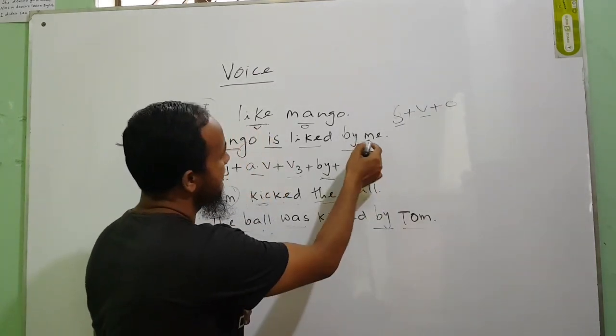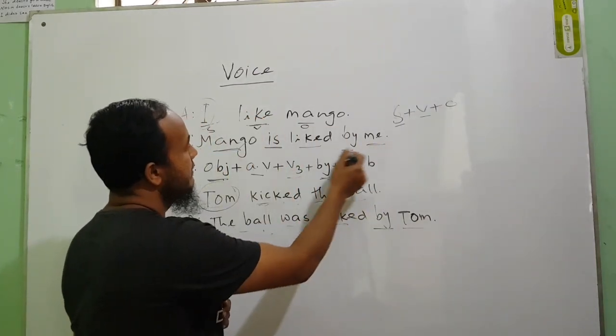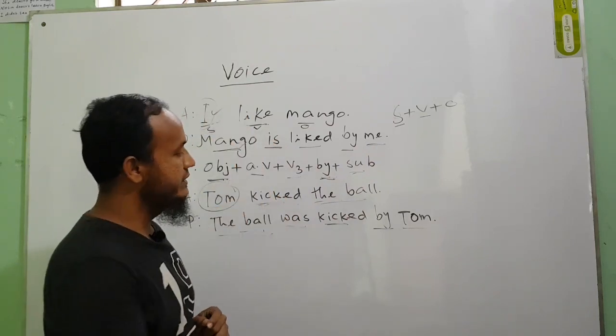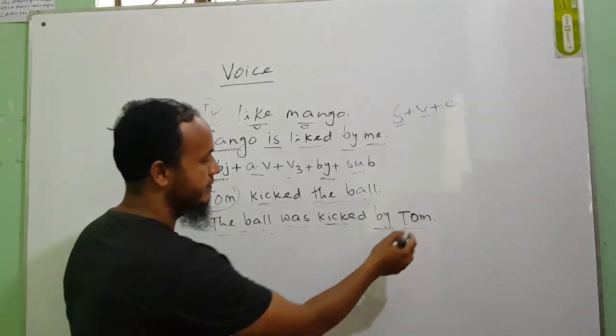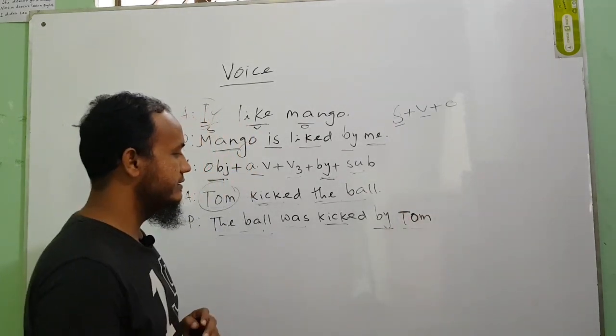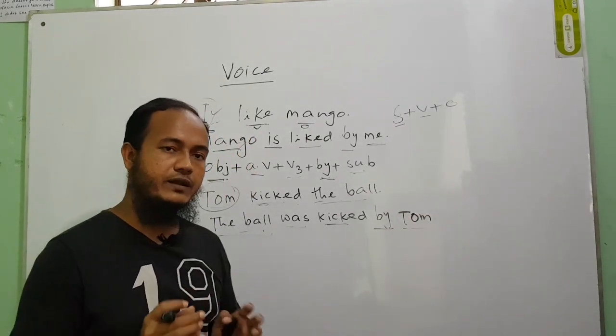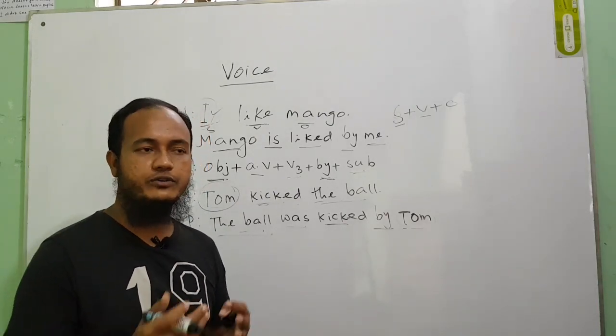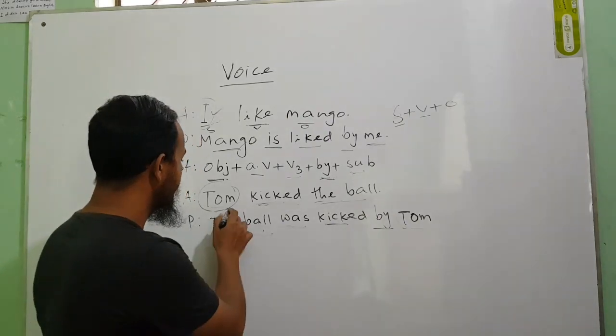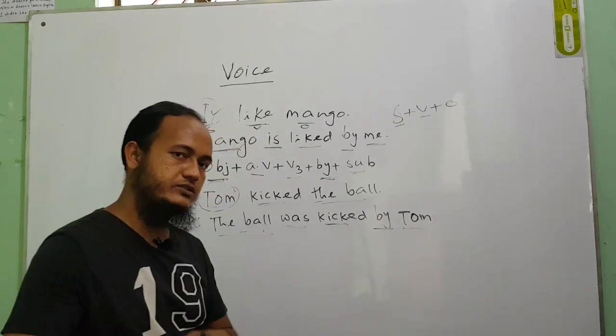In the first sentence I have written me for subject I, but here Tom becomes Tom, no change. Why? Because when in a sentence we use a proper noun in passive voice, a proper noun doesn't have any objective or possessive pronoun, and that's why I have just written Tom as Tom in passive voice.